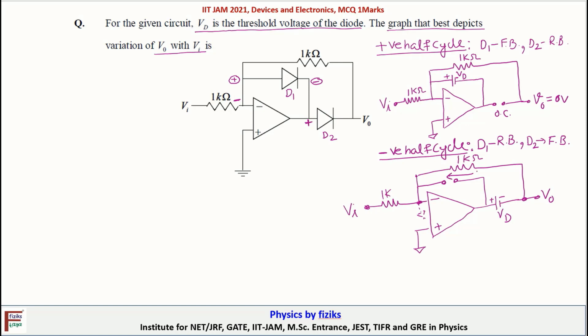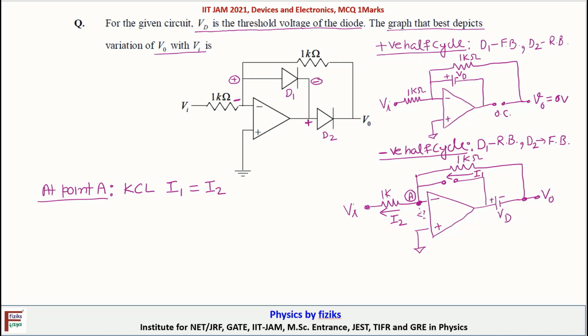So let's say this current is I1 and this current is I2. Now if we apply KCL at the inverting node, let's take this point as A. So at point A, that is at the inverting terminal, let us apply KCL. So I1 is equal to I2.